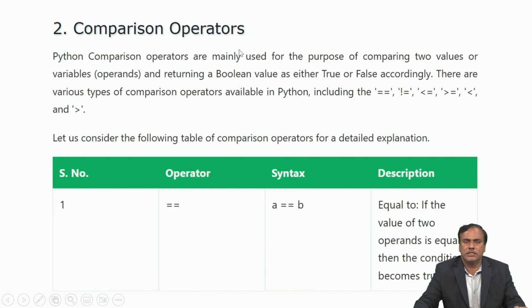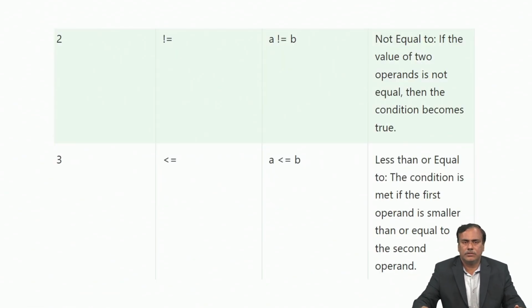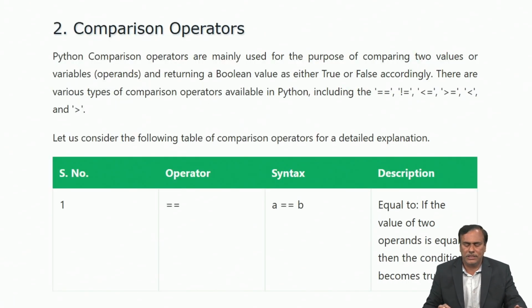Yeah, comparison operators. So in Python, we have the following comparison operators like equal, not equal. For equal, you have to use the assignment operator twice. That is the difference between the assignment operator and the relational operator.